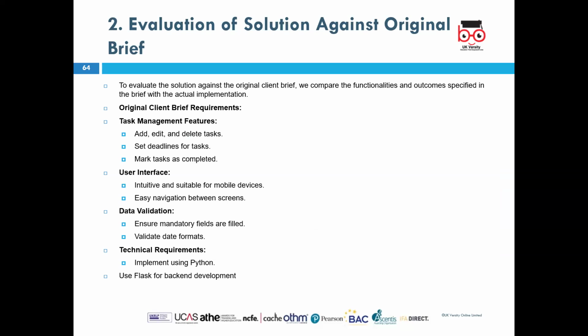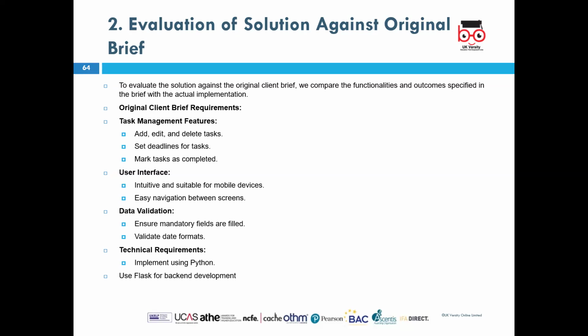So we now have evaluation of solution against original brief. Basically here we're going to evaluate the solution against our original brief, where we're going to compare the functionalities and outcomes specified in the brief with the actual implementation.